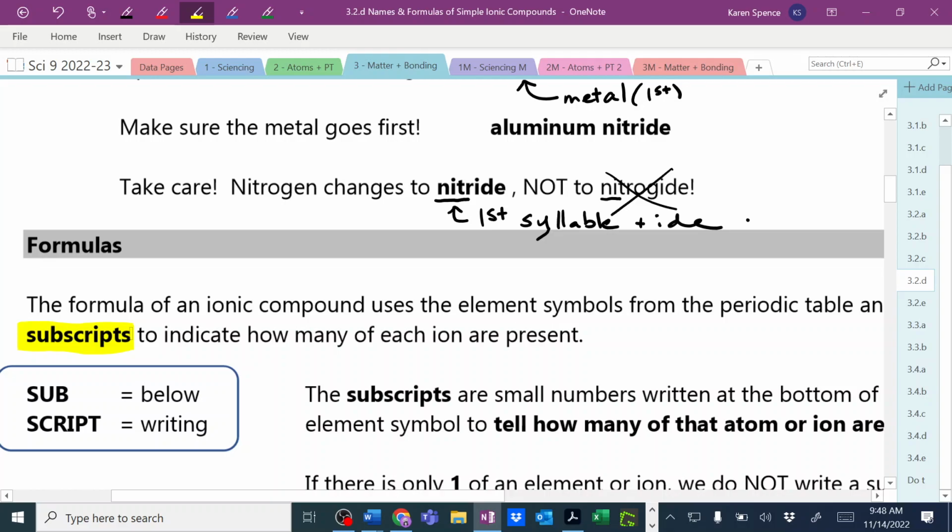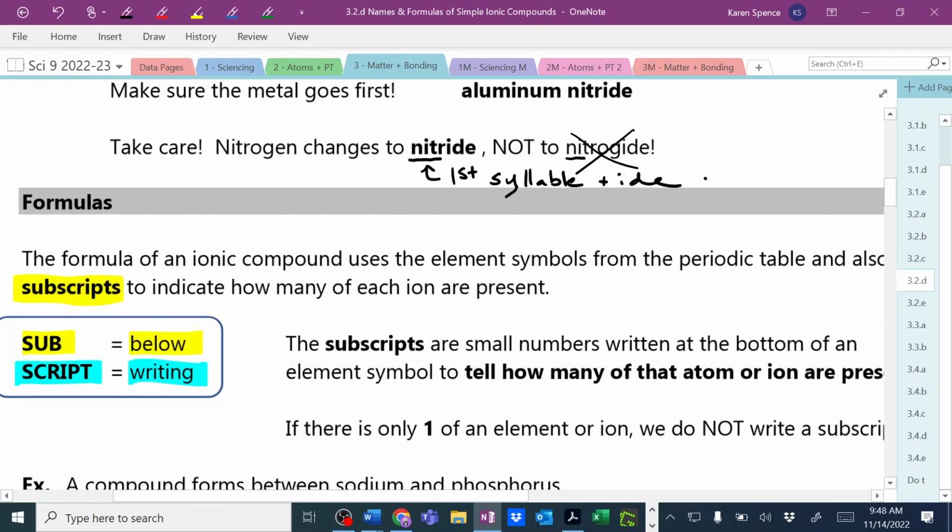What does it mean if you have a submarine? Where do submarines go? They go below the water, they go under the water. Marine is like water. So submarine goes under the water. A subscript goes below, and the word script refers to writing. So the little subscripts go below the writing.